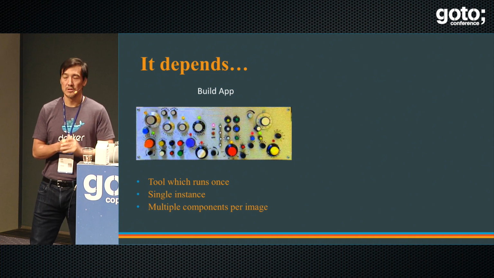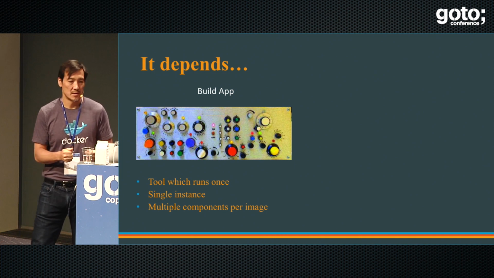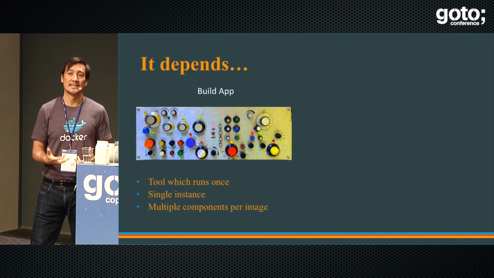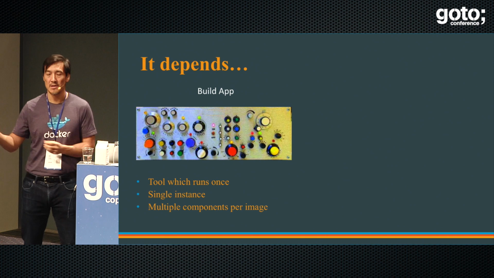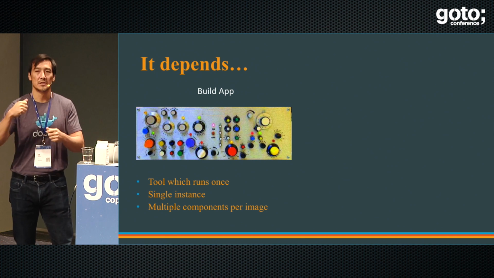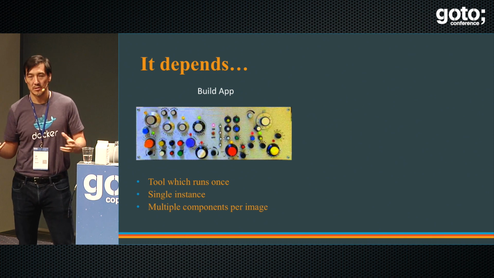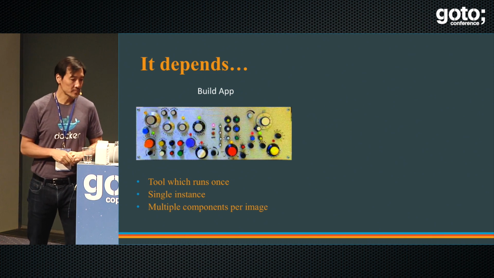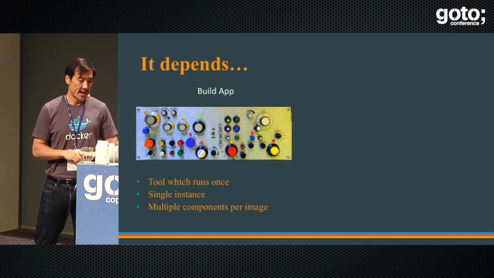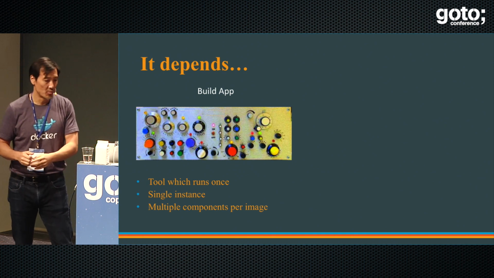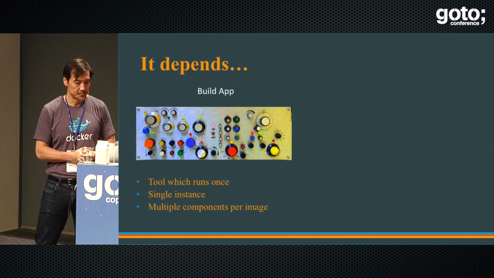This is a tool that usually is going to run just once as a single instance. If you have it in any type of CI/CD pipeline, then it'll run continuously. But it's not something that's necessarily going to be going into production. And so just like this, you can throw a bunch of stuff in there.